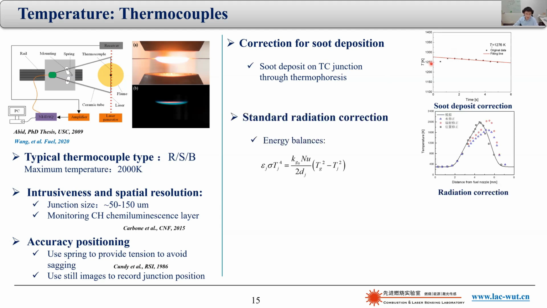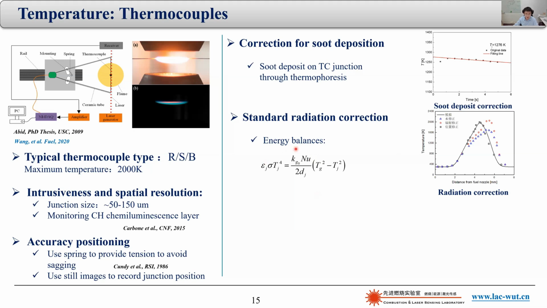Another thing is about this standard radiation corrections, which is actually very important. Basically, you just write this energy balance equation, and you want to derive the gas temperature with this measured junction temperature. And this equation involves a lot of things. You involve the diameter of the junction, the Lewis number, which is actually depending on the gas composition.